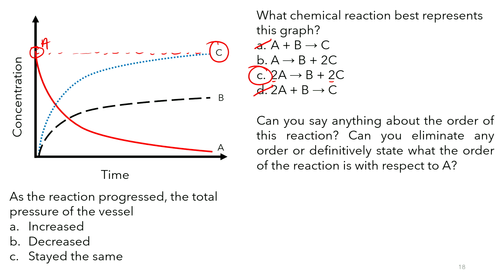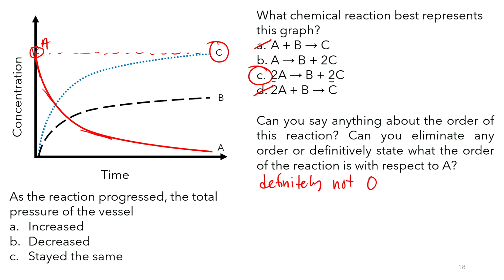This would be a hard one to give you on the exam. Is it 0 order? No. That's the only thing I could tell you right off the bat, that it is not 0 order, because my rate is changing. If it was a straight line, it would be 0 order. But my rate is changing. That slope is changing as this progresses. So it's definitely not 0.